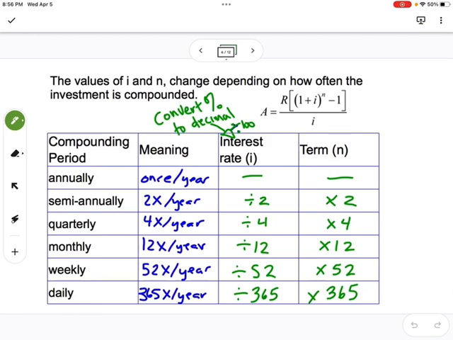We change that to a decimal by dividing by 100. And from there, we still need to divide that by the number of compounding periods that there are. And that will be our value for I. And when it comes to our value for N, our number of compounding periods, we're going to take our number of years that we have and multiply it by the number of compounding periods. Okay, so that's how we have those values.